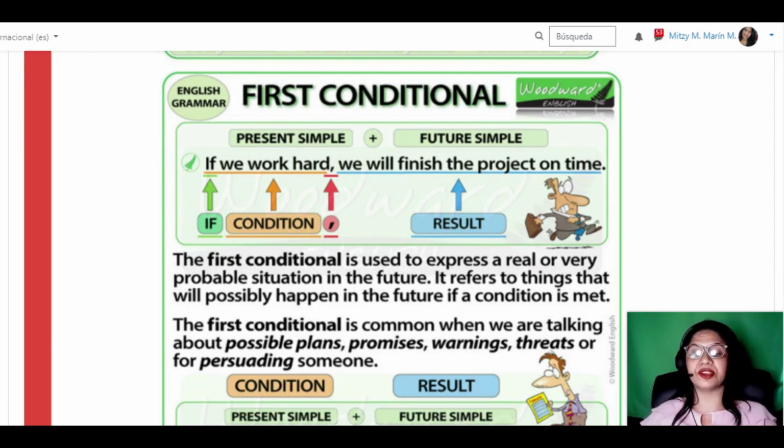Below now we are going to check extra information related to this result of future situation when we are going to say a sentence in the first conditional. If we work hard, if is in that first sentence, then we have a comma, we will finish the project on time. Will is future. We studied will in the second trimester.